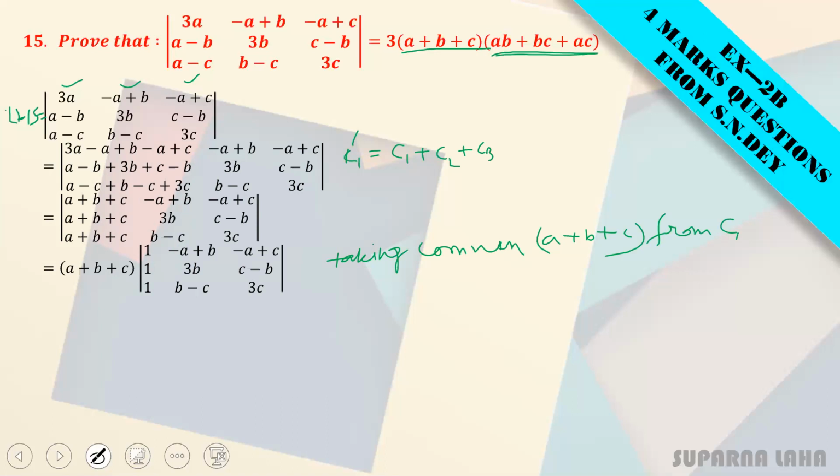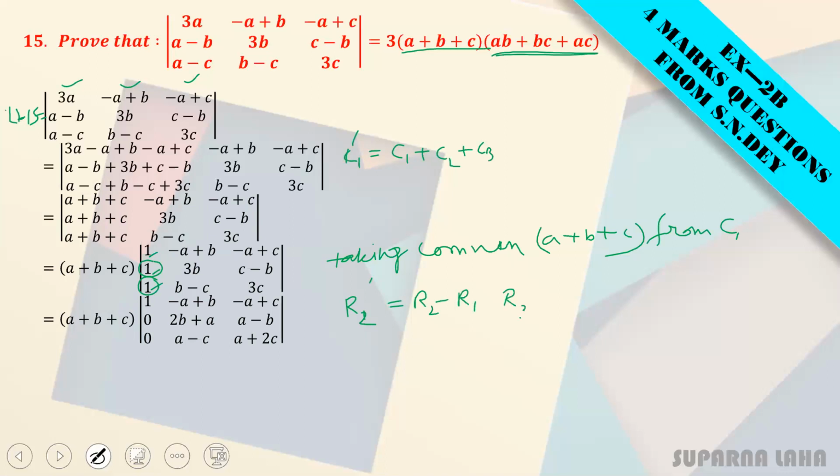So now 1, 1, 1. So you can make these terms 0. So make it 0. That is, you are applying R2 dash is given by R2 minus R1, and R3 dash is given by R3 minus R1.